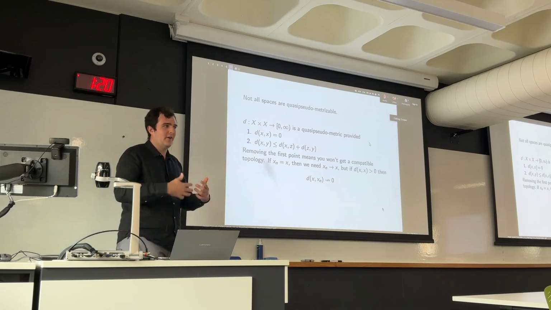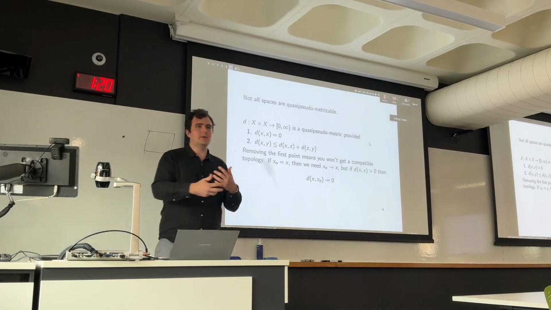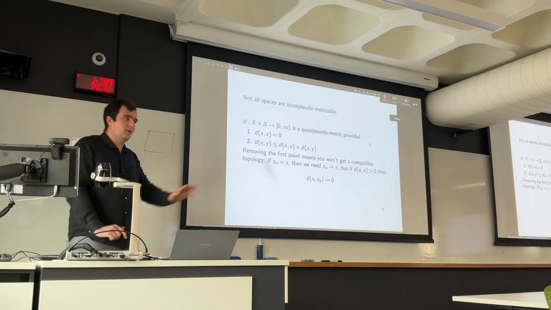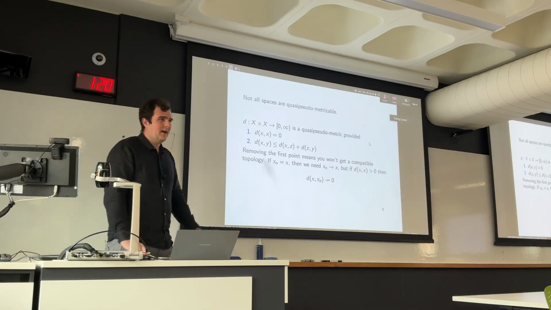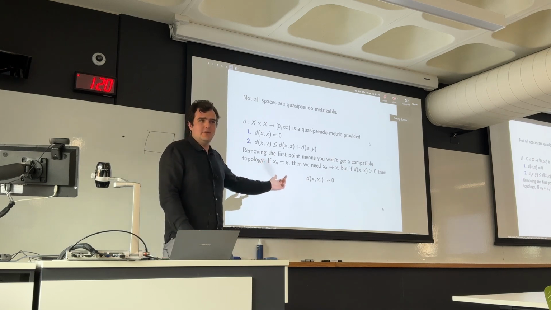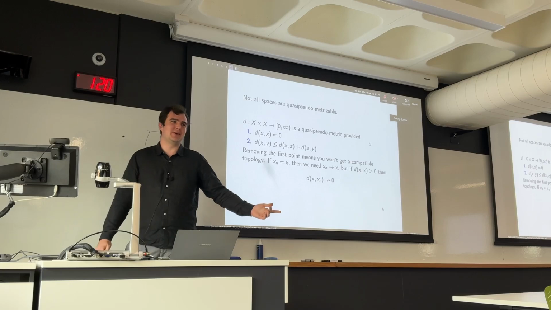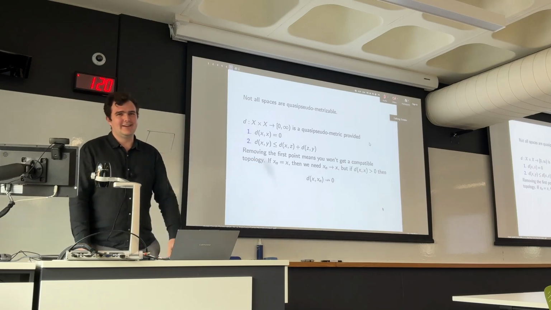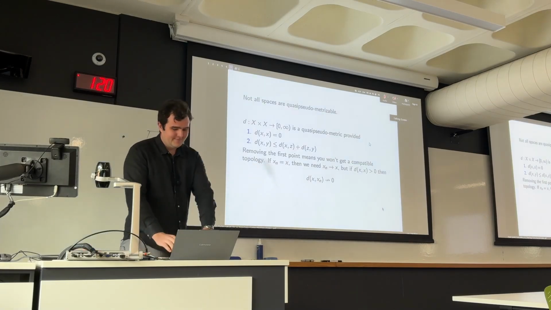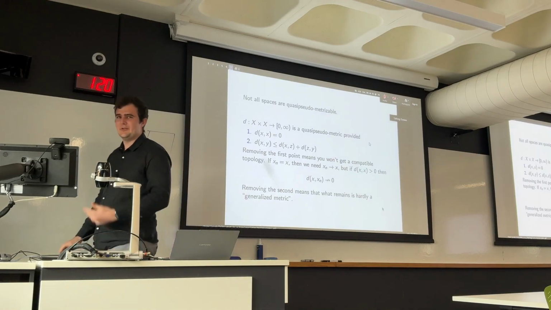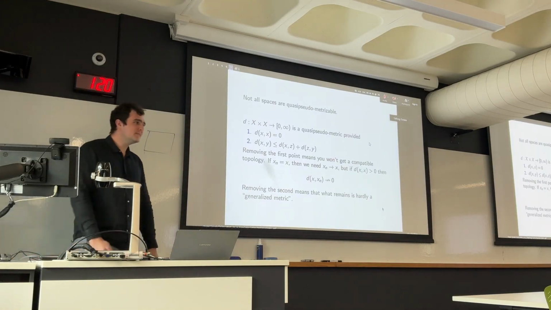So if you want to define the convergence through the metric, it can't agree with any convergence generated by a topology. So that one has to stay. And then you can delete the triangle inequality if you want, but at that point, what are we left with? We're left with a function on the product space that's 0 along the diagonal. So that's all it's doing. And that's something I really want to call a generalized metric.